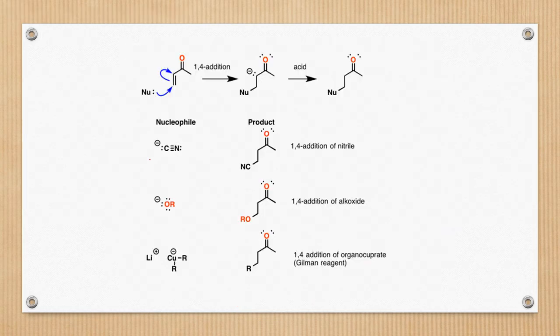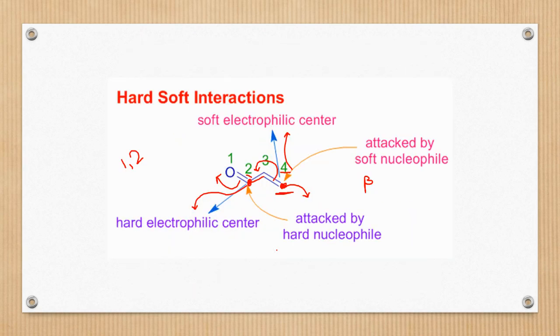If we take some examples, here also you can see that nitrile is giving you the 1,4 addition on this alpha beta unsaturated compound. This alkoxide is also giving this particular reaction, and this Gilman reagent, that is the copper based reagent, will give you the conjugate addition.